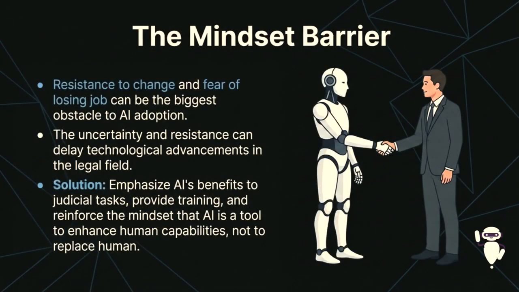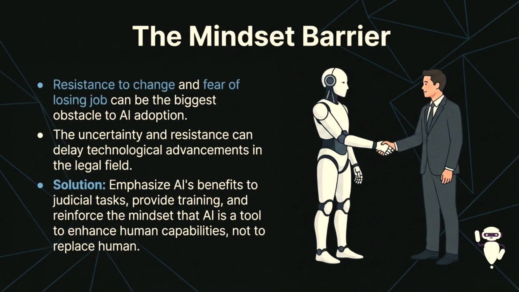And finally, one of the massive challenges of adopting AI in the judicial process is the human mindset. Resistance to change and the fear of losing their jobs are the biggest obstacles when it comes to AI adoption. When people are afraid of change or curious about AI's potential, it creates hesitation, and it can push technology in the legal system even harder.